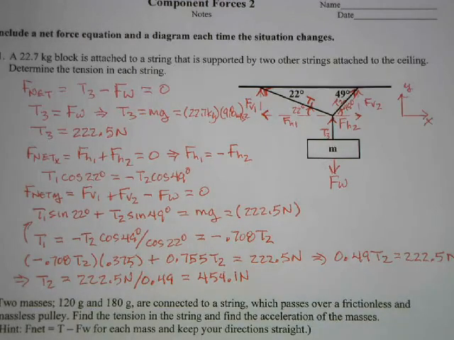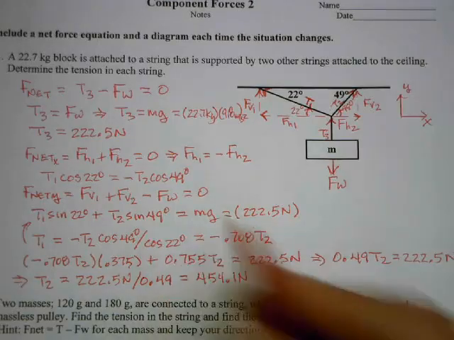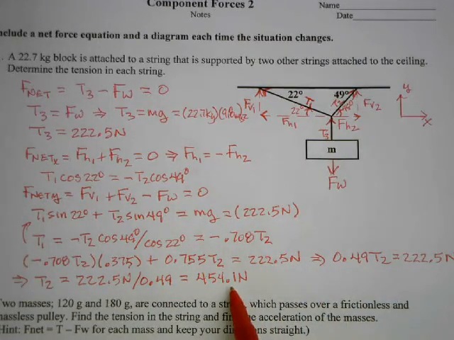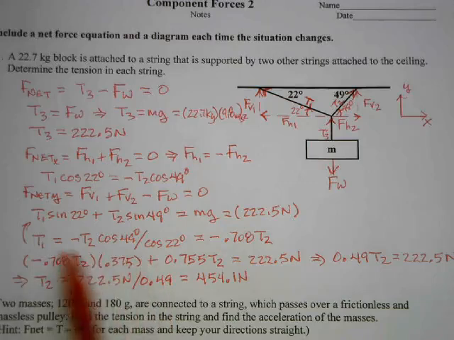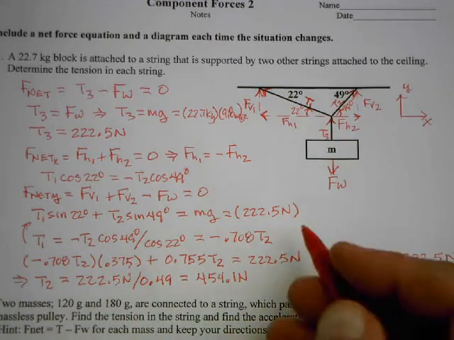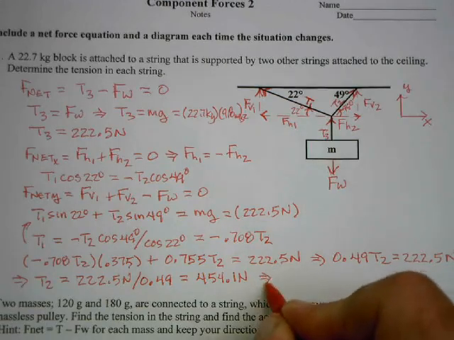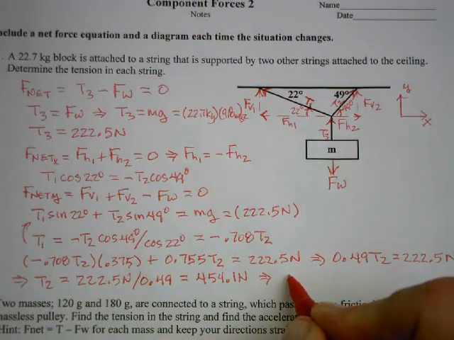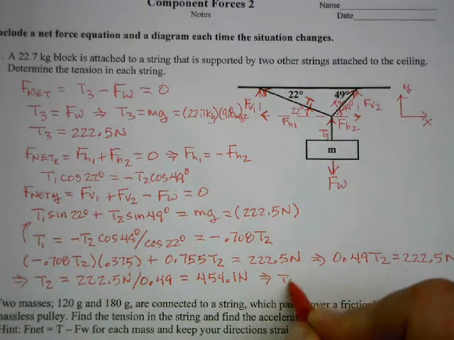Which then I can use back here where I have T1 related to T2. And so I'm going to have T1 equals the negative 0.708 times the 454.